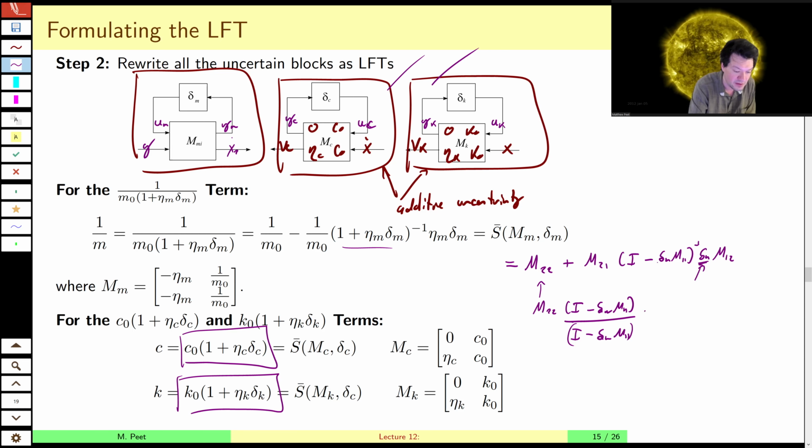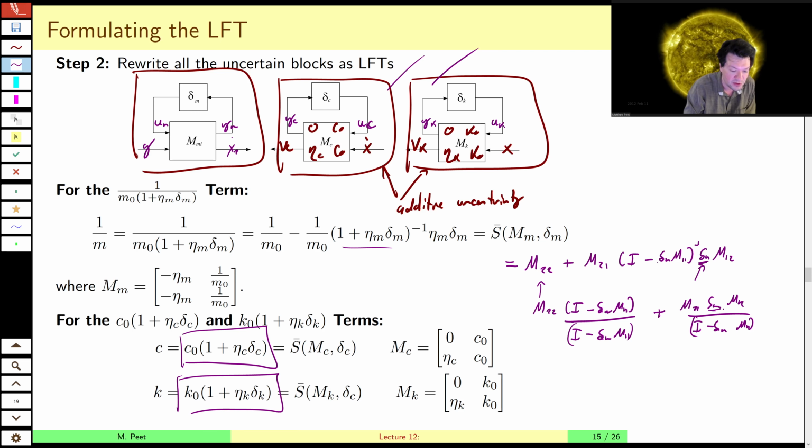And then if we get the other bit over here, plus M21 delta M M12, and you get I minus delta M M11 there, also on the denominator, right? And so the reason we have M22 here is to cancel out the bits which have delta here, because we don't want it appearing in the numerator.